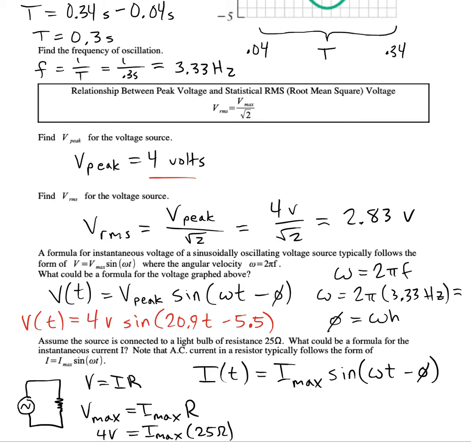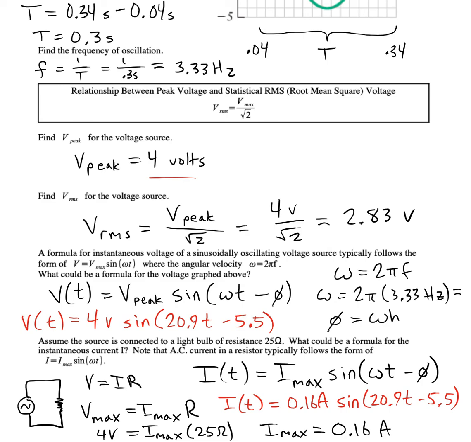And then we can find the I max. It's 0.16 amps. That's everything we need in order to write the current formula. So as a function of time, current will be given by 0.16 amps times the sine of 20.9 t minus 5.5.